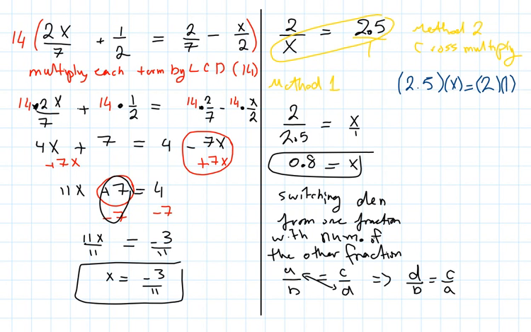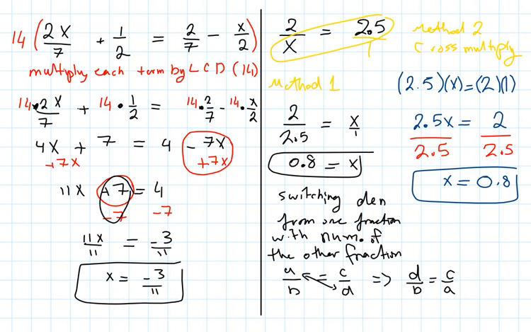Okay, so 2.5x equals 2. And now you have to divide both sides by 2.5 to get rid of that 2.5. And we end up with x equals 0.8 also. So two solutions, whichever one you want to do is fine.